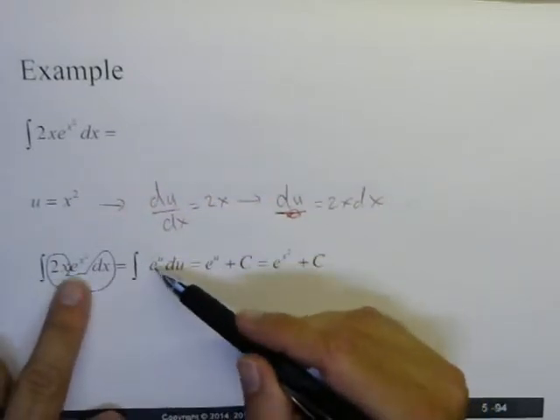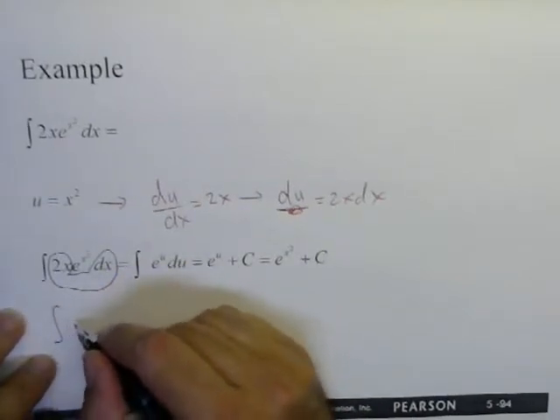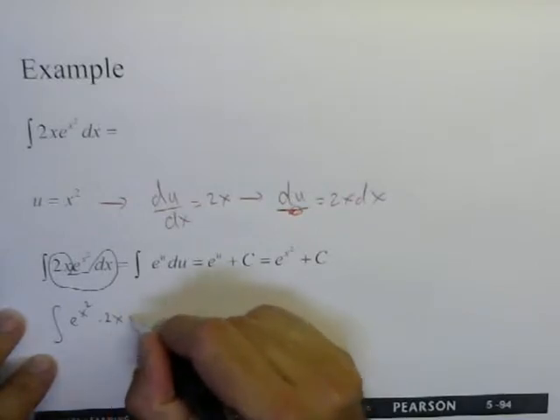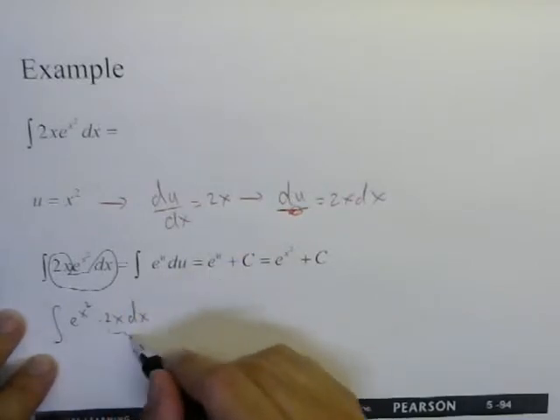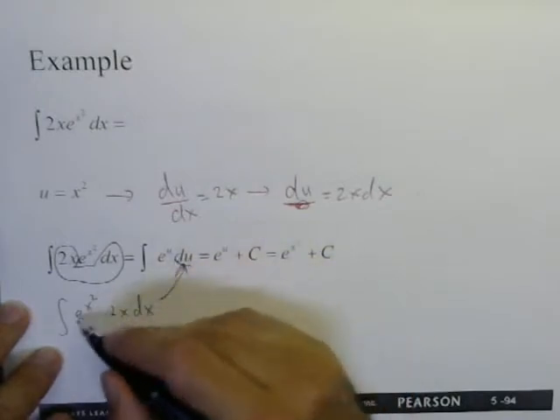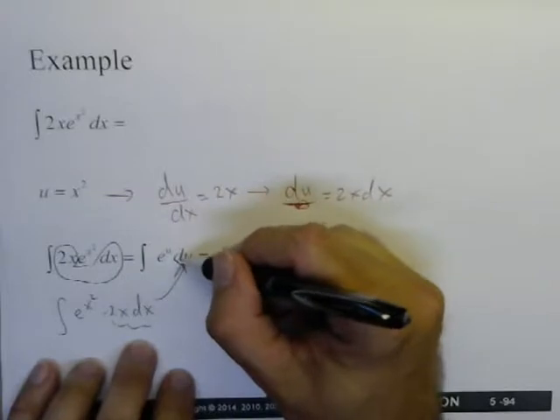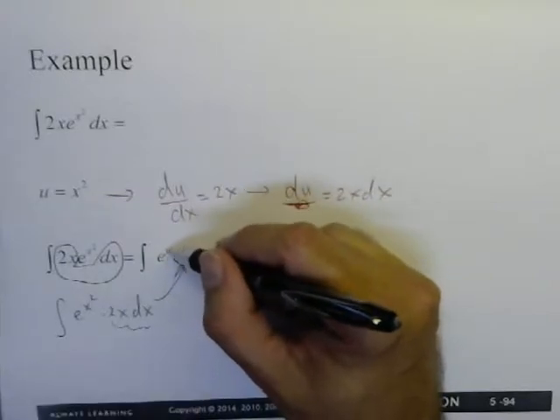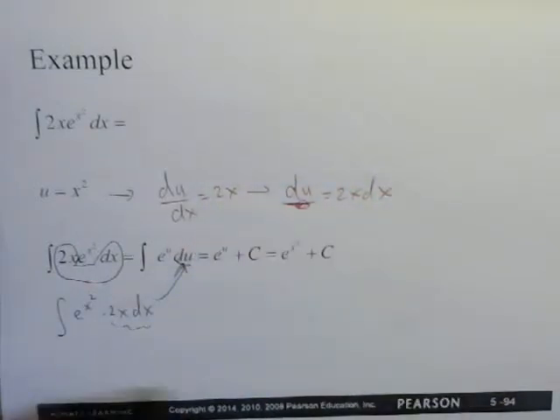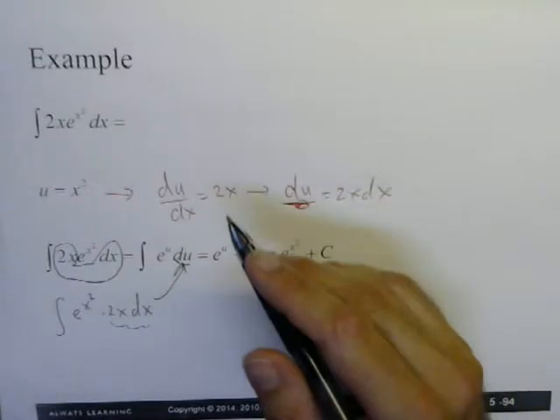So this will become e to the u, and if you really want to rearrange this, you can, because you're basically just multiplying. If it makes you feel more comfortable moving those two things next to one another, you can do that. That'll give you e to the u du, and then take the antiderivative of this with respect to u. Think of this as the antiderivative of e to the x, except you're using u instead of x.